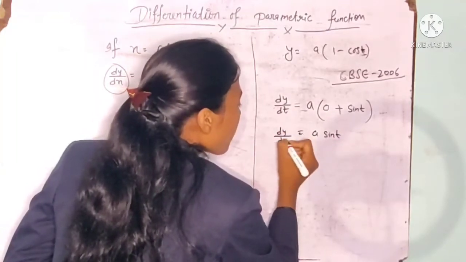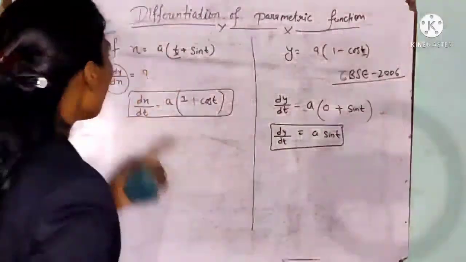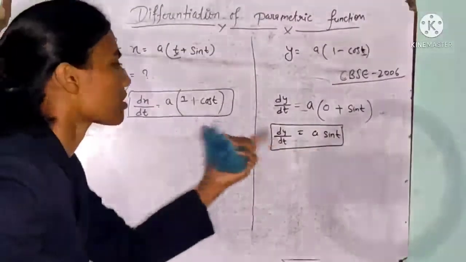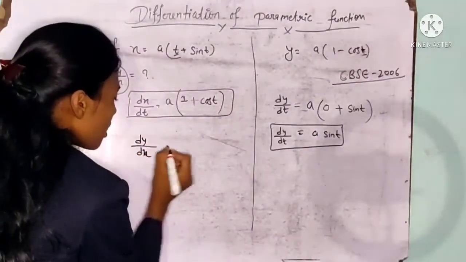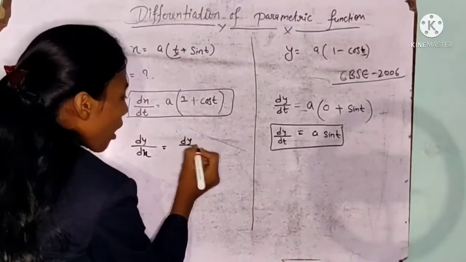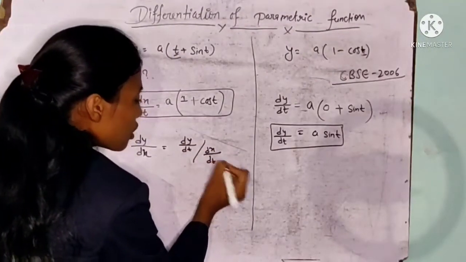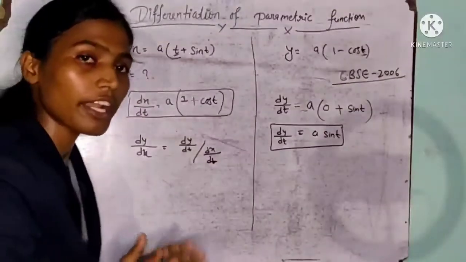Now we arrange these functions and get a sine of t as dy by dt. But we need to find dy by dx. Now just arrange these two functions. How do we arrange? We can write dy by dx is equal to dy upon dt divided by dx upon dt. Why I am substituting here, I already explained.